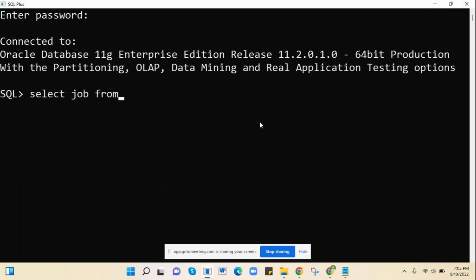Select job from EMP. I want to know how many jobs are there in my company.